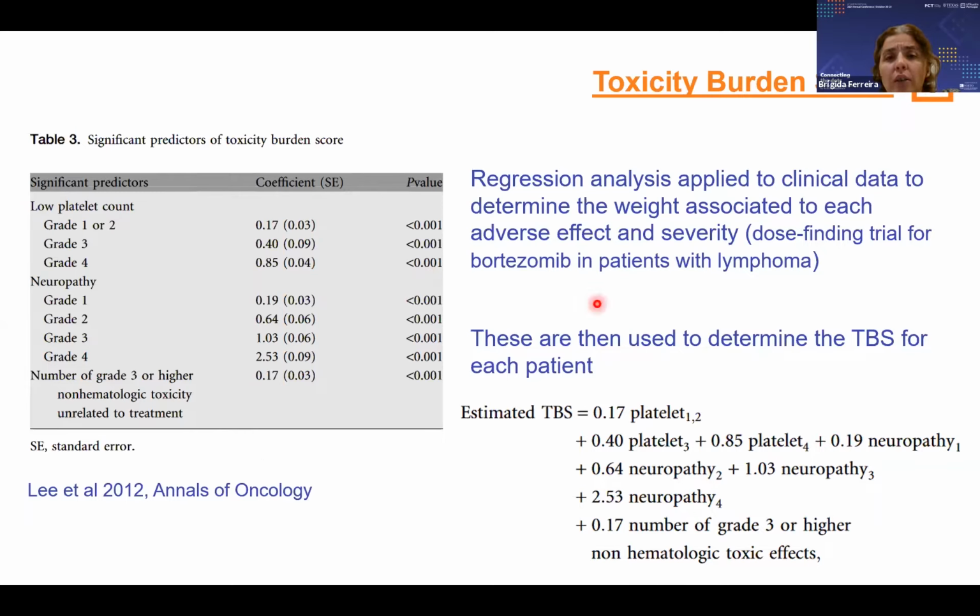What they did is that, collecting clinical data, they tried to derive weights for different complications and different severities. And using these weights, they can estimate the total burden score. The problem is that because of this methodology, this total burden score can only be applied to this trial. The data was bortezomib in patients with lymphoma.